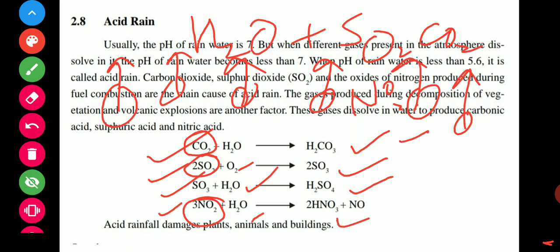Sulfuric acid, carbonic acid and nitric acid are strong acids, which mix with water and fall in the form of rain. That rain is called acid rain, and it is very harmful for the human body, for human beings, and also for plants.